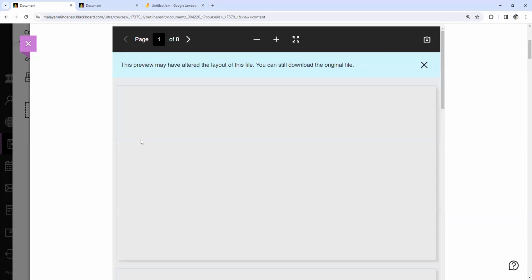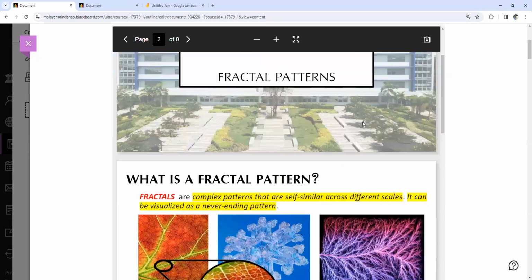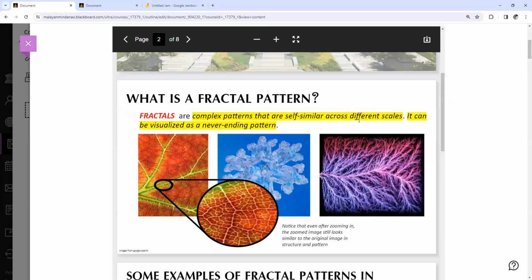fractal patterns. And fractal patterns are complex patterns that are self-similar across different scales. It can be visualized as a never-ending pattern. So the way I see it is that if you look at the object initially, it has a certain pattern that you recognize instantly. But if you zoom in, you discover that the same pattern exists.